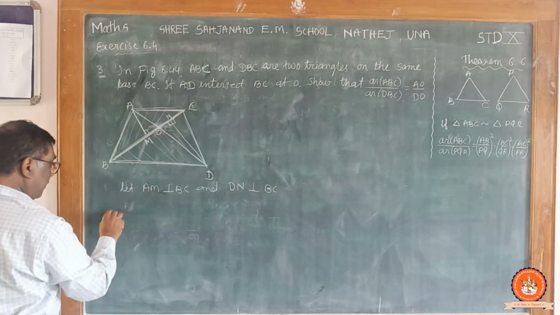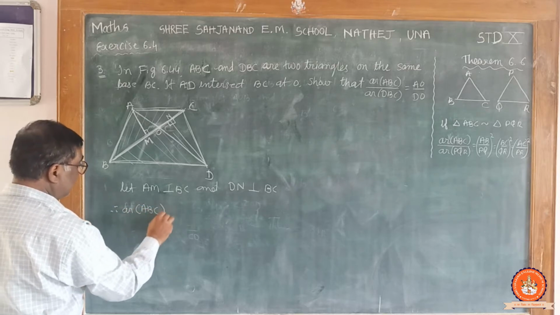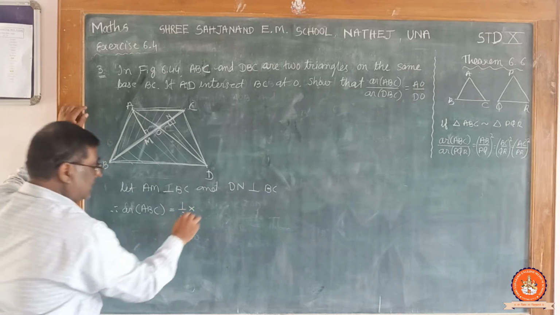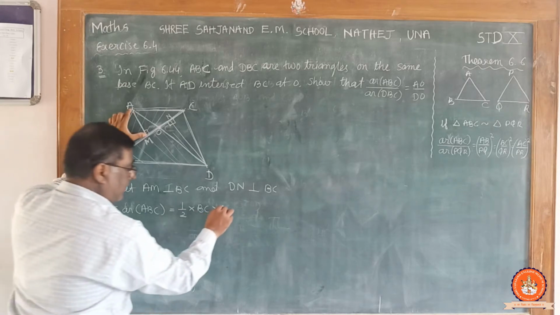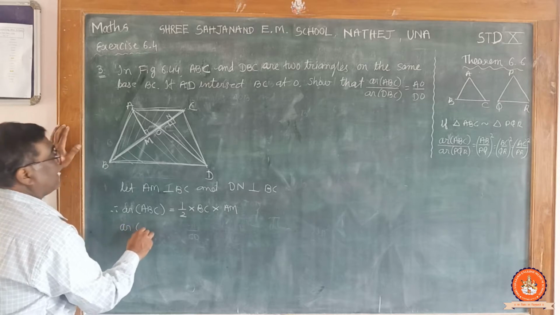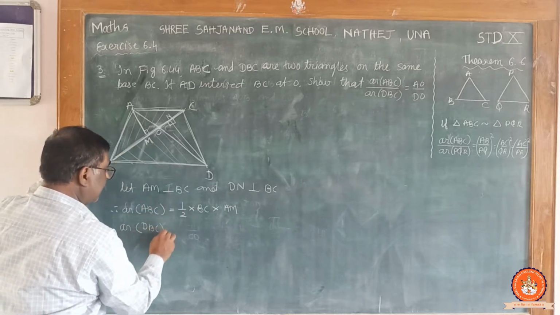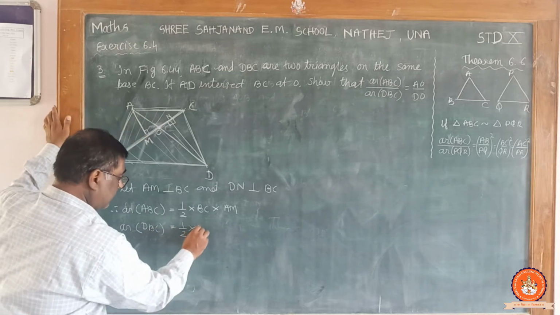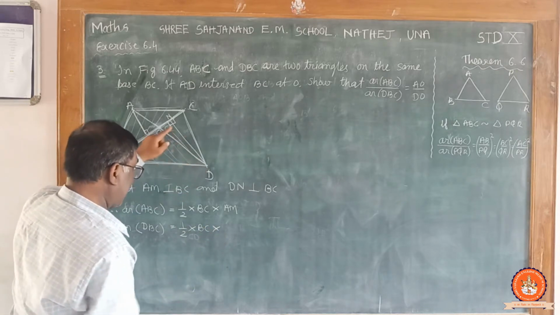Okay, and therefore area of triangle ABC is equal to half into base BC into altitude AM. Okay, and similarly area of triangle DBC is equal to half into base BC into altitude DN.